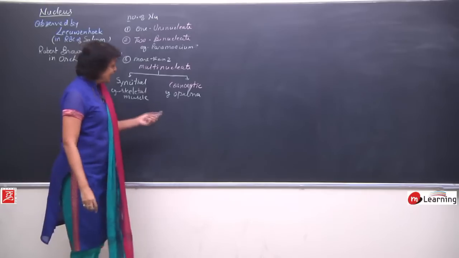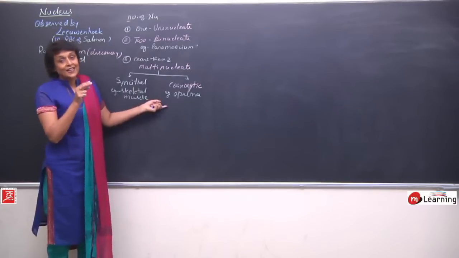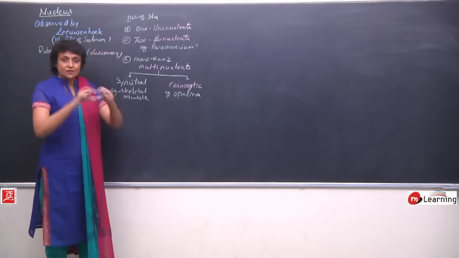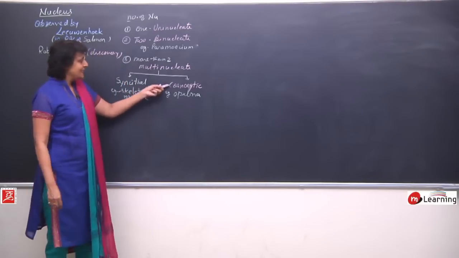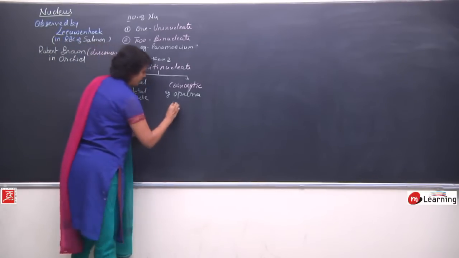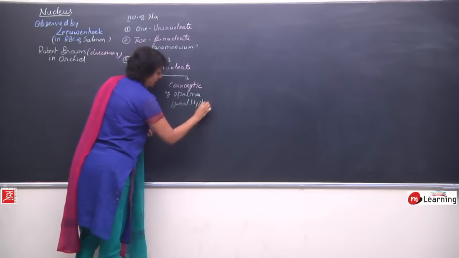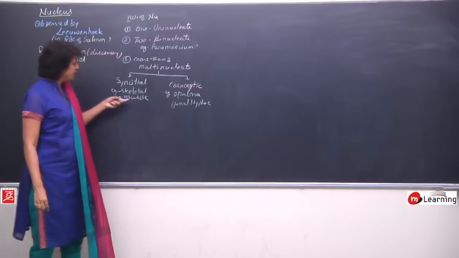In fungi, when the septum which separates the fungal cells dissolves, each fungal hypha looks like a multinucleate cell. Then it is known as cenocytic. So fungal hyphae are cenocytic, Opalina is cenocytic.